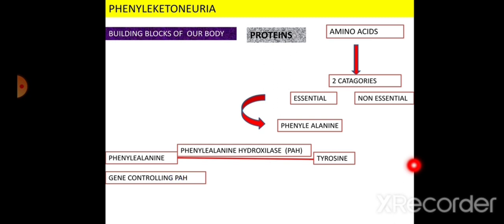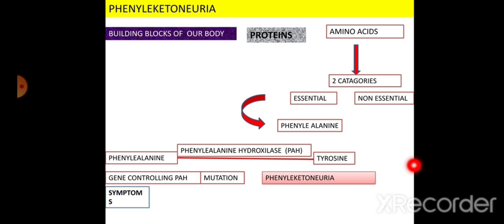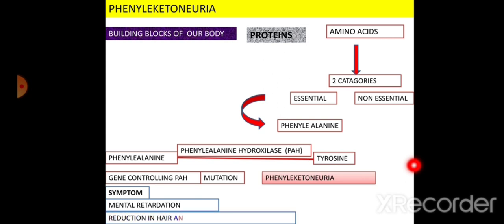So the gene controlling phenylalanine hydroxylase enzyme synthesis undergoes mutation and phenylalanine gets deposited in the blood, causing the disease. What are the symptoms? The first symptom is mental retardation because of excess phenylalanine in the body, and the second symptom is reduction in hair and skin pigmentation.